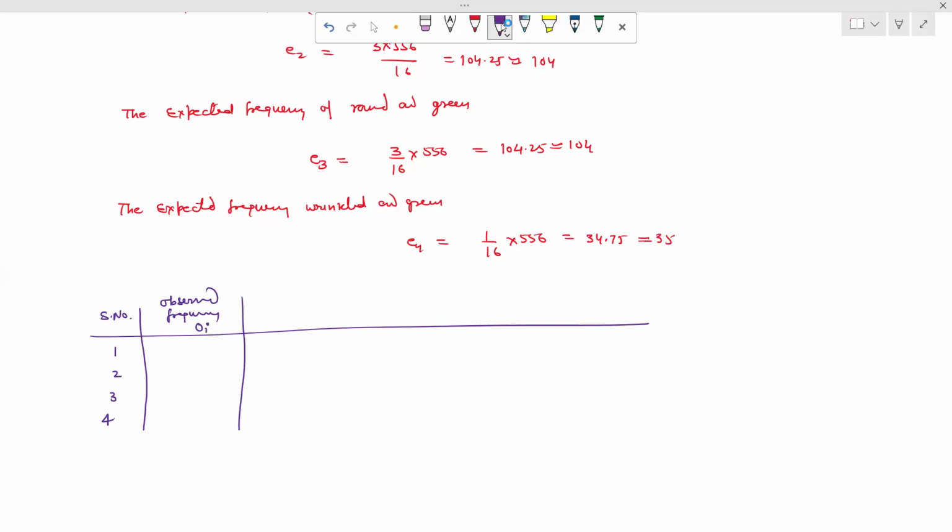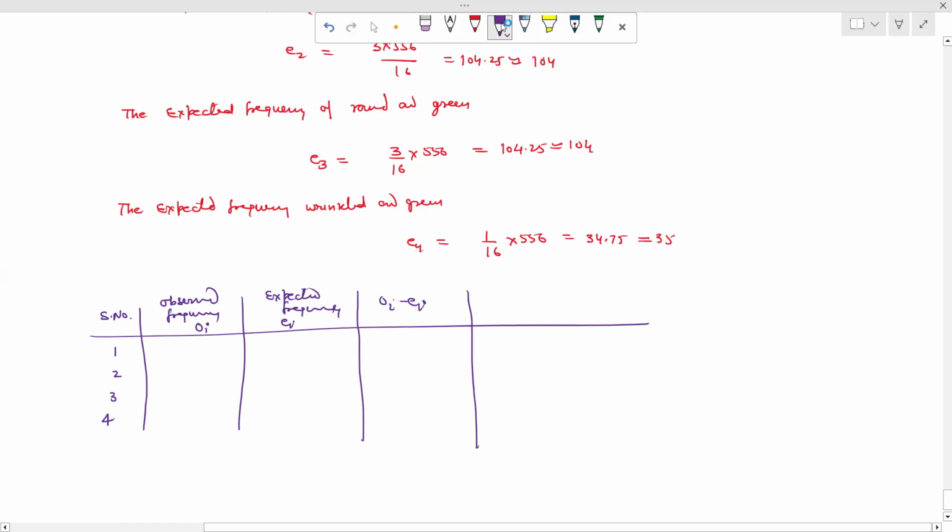The second column is expected frequency, EI. Third, OI minus EI. Fourth, OI minus EI to the whole square. And fifth, OI minus EI to the whole square upon EI. So this is our table.